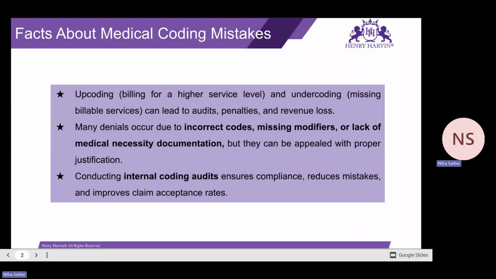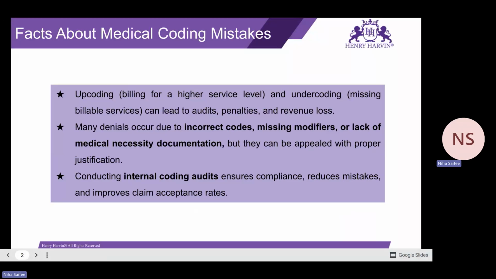In such scenarios, what will happen? The provider or healthcare professional has given his services, but has not received the complete payment for them. Sometimes it may happen by mistake because human errors are possible, but if repeated errors happen, then there will be repeated denials.